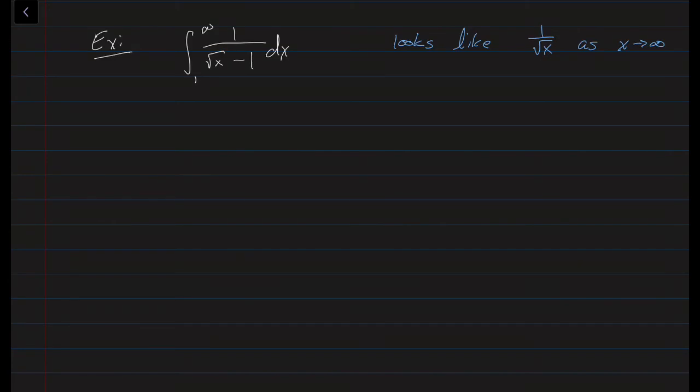So that looks like a really good candidate for our comparison. We want to compare it to 1 over the square root of x. We want to compare it to this integral, which we know diverges.